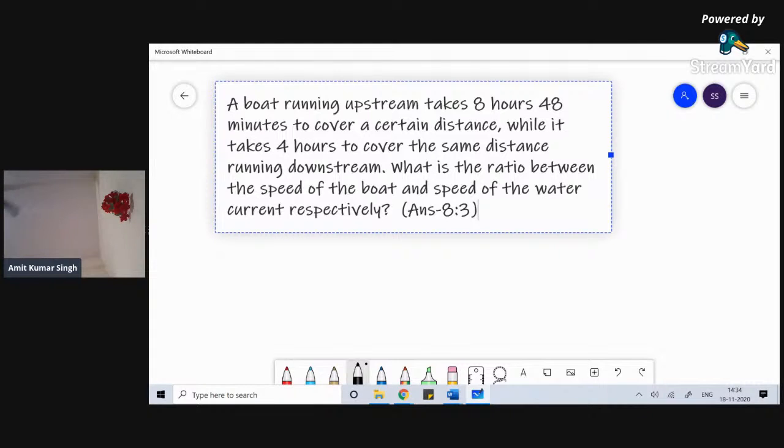Sonali, Ankit, Niharika, Sahana, Komal, Kranti, Anupriya, anything you want to ask? Raksha, Avinandan, Madhavi, any doubt? Vidya, anything you want to ask? Sri Lakshmi, okay.